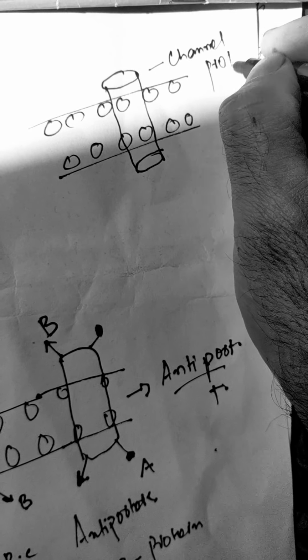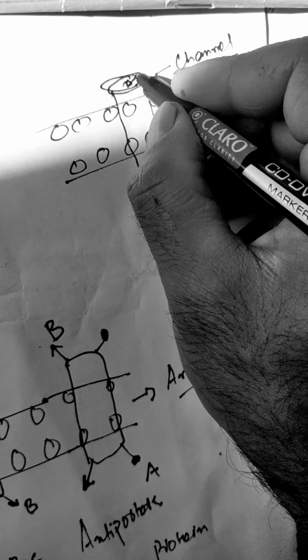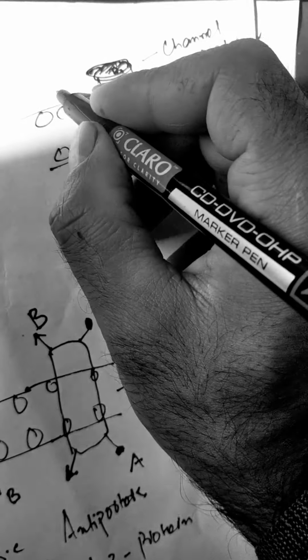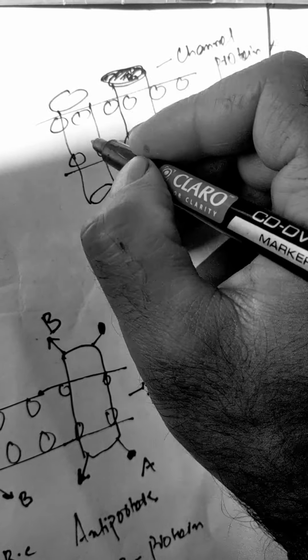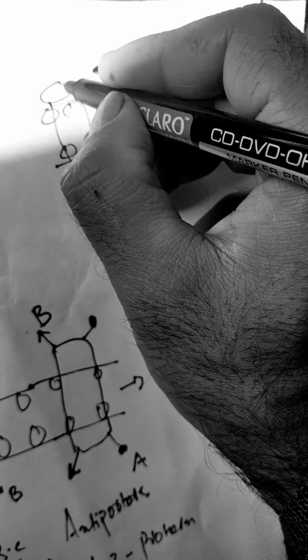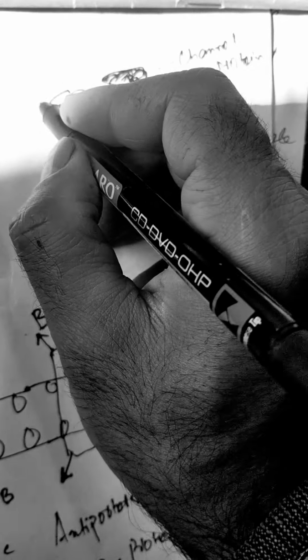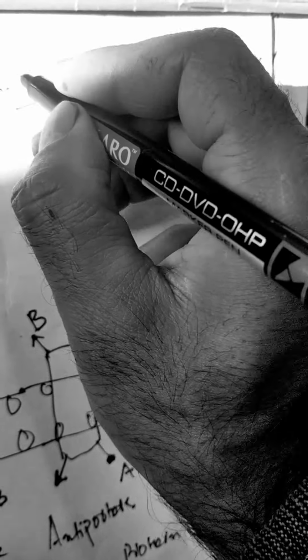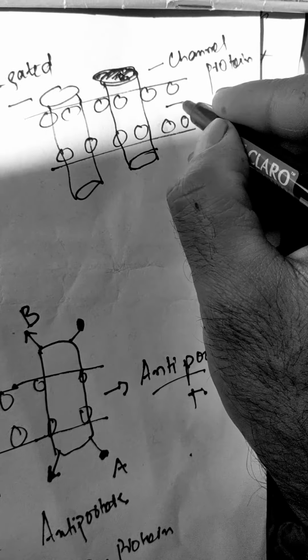Some channel proteins are gated, while some are ungated. This is the ungated one. So the molecules can easily take entry inside the cells with the help of these channel proteins, which are non-gated. And this is the channel protein which is gated.